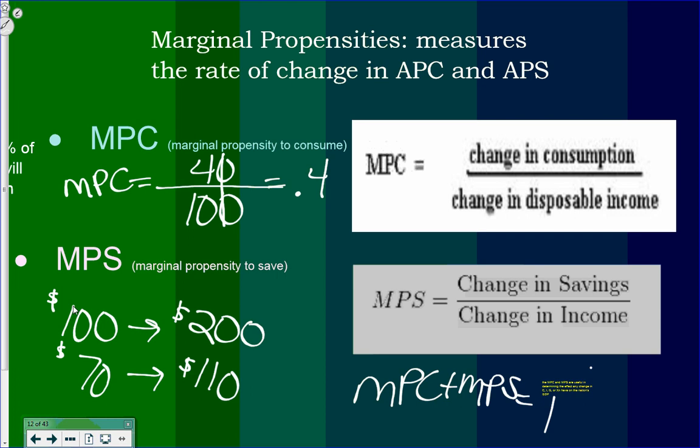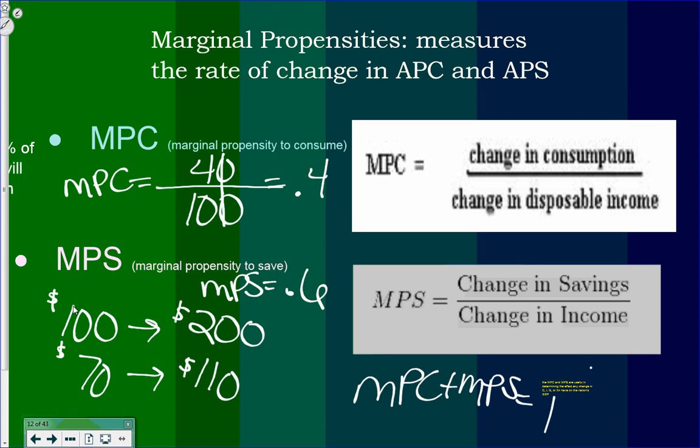So if MPC is 0.4, then for MPS, 0.6. How do you know that? Because 0.4 plus 0.6 equals 1. Yes, correct. MPS is going to be equal to 0.6 in this problem.